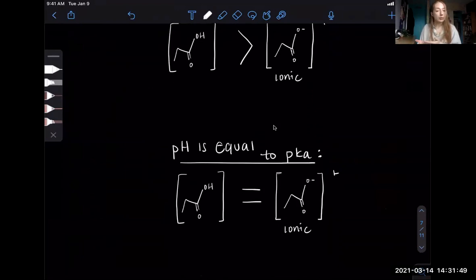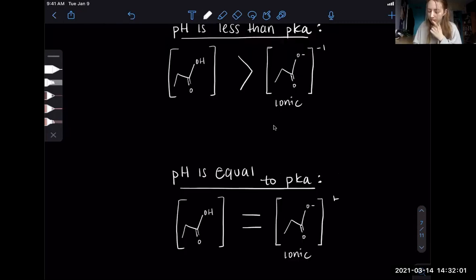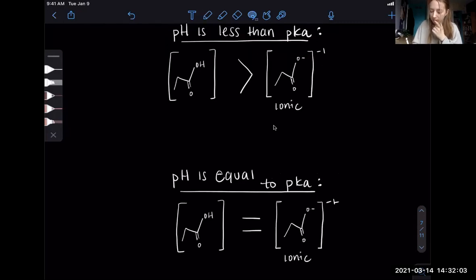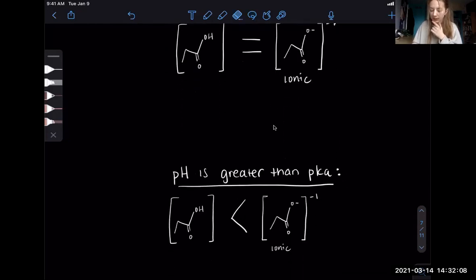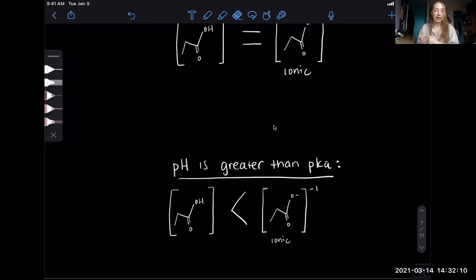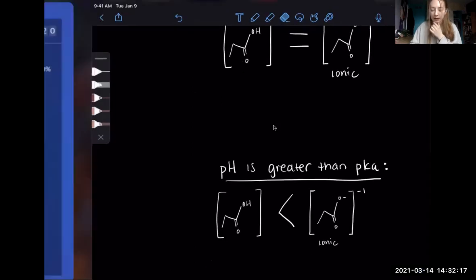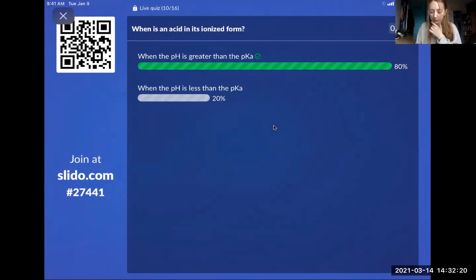When the pH is equal to the pKa, the concentrations of the non-ionic and the anionic form are equal. When the pH is greater than the pKa, the ionic, deprotonated form is dominant. Now I'm going to ask a similar question about bases.